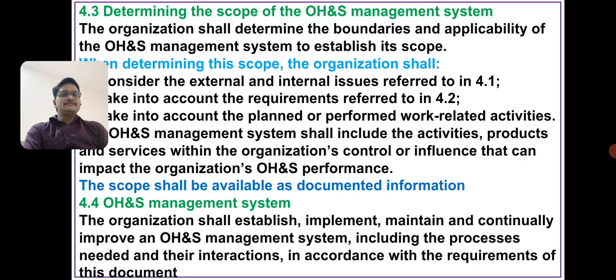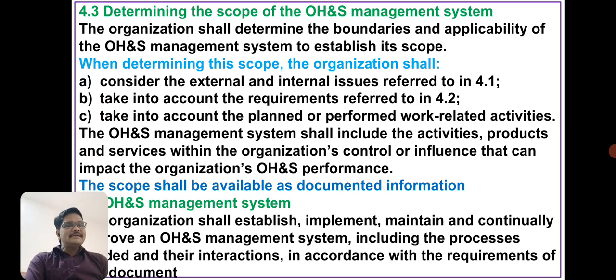Now next subclause is 4.3, that is determining the scope of the OHS management system. Now the organization shall determine the boundaries. Scope means boundaries and applicability of the OHS management system.